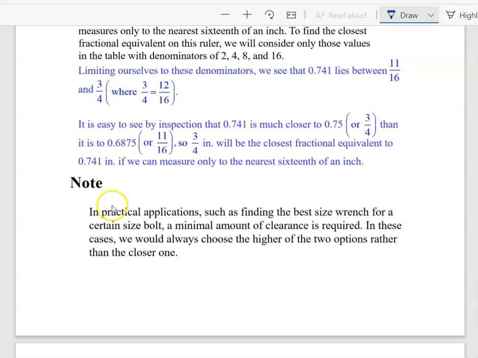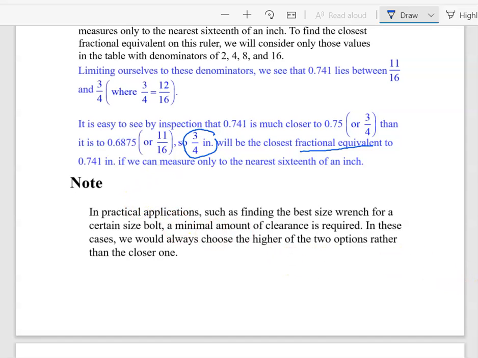And this is what this statement is saying: it's easy to see by inspection that 0.741 is closer to 0.75 or 3/4 than it is to 0.6875 or 11/16. So 3/4 inch would be the closest fractional equivalent to 0.741 if we had to get something really close.